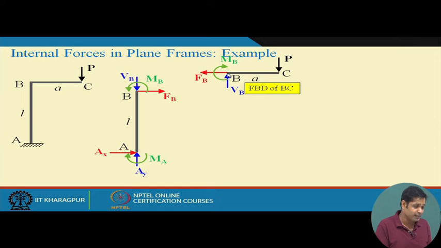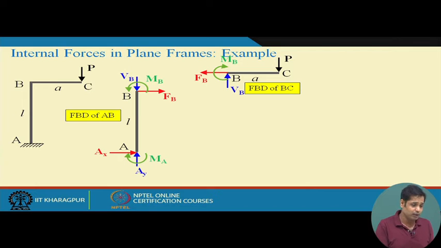When joint B belongs to part BC and when it belongs to part BA, the signs we use are opposite. So when they are connected, the net internal forces balance and cancel each other. This is the free body diagram of joint B.